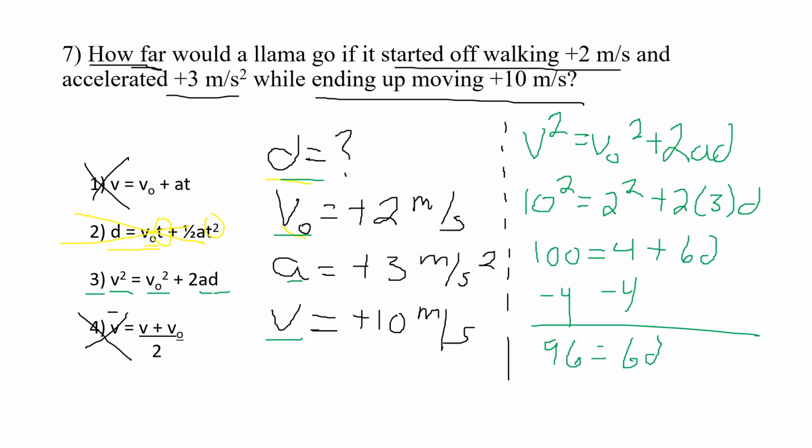Divide both sides by 6, and you get, yeah, I don't know why I had to type that in. I actually completely knew that. 16 meters is the distance. Hopefully you can see it's getting easier.